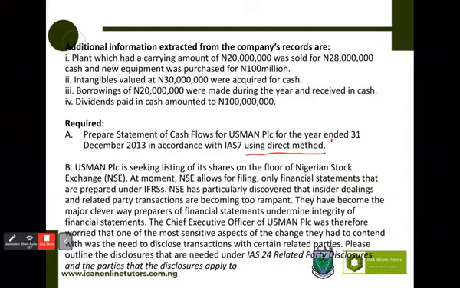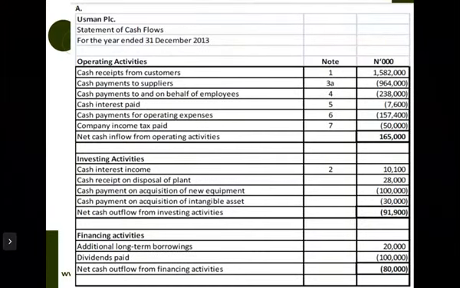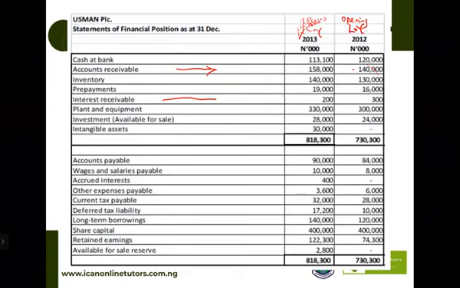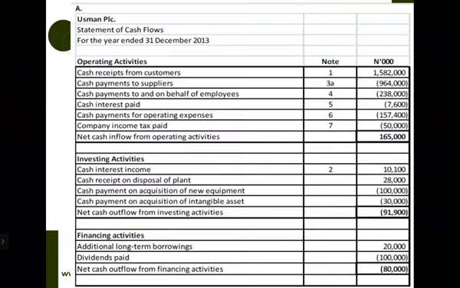What has happened? Definitely there has been a movement. A movement of what? Cash paid. If the current year is lesser, it should have been cash given out. Do we get that?